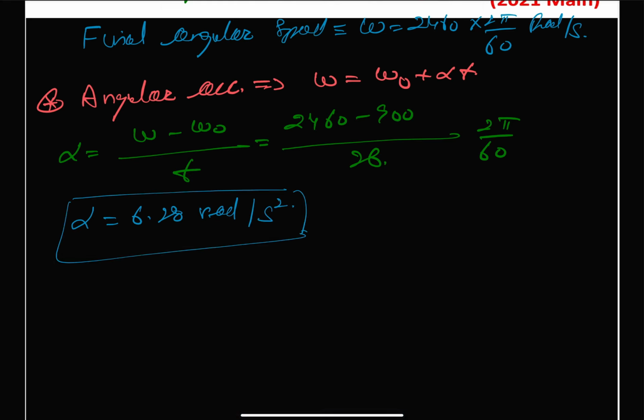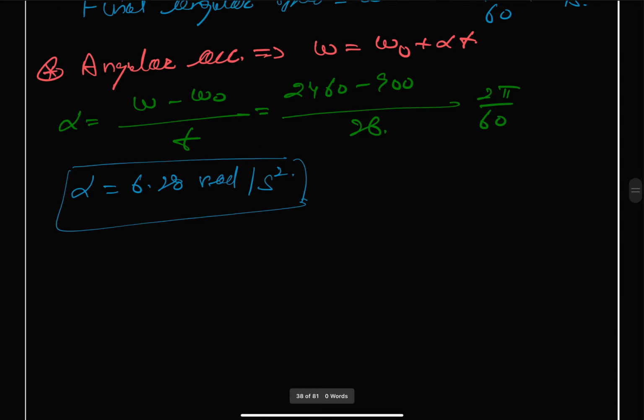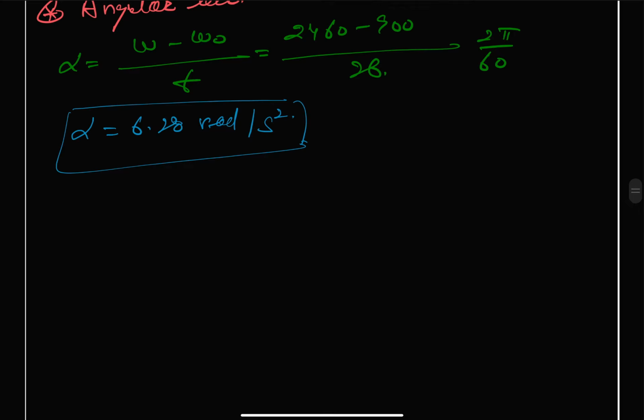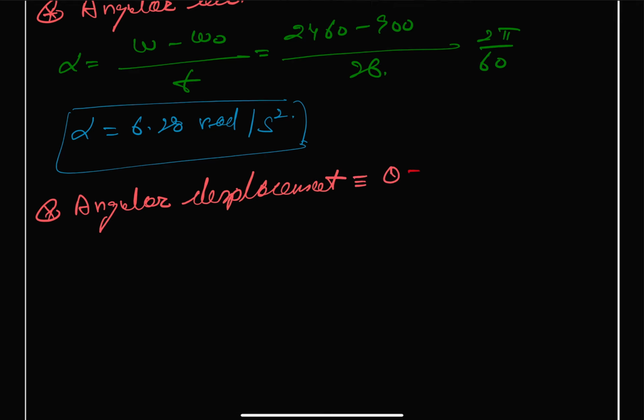So from here we can find out our angular displacement. The angular displacement theta will be equal to omega naught t plus half alpha t square.